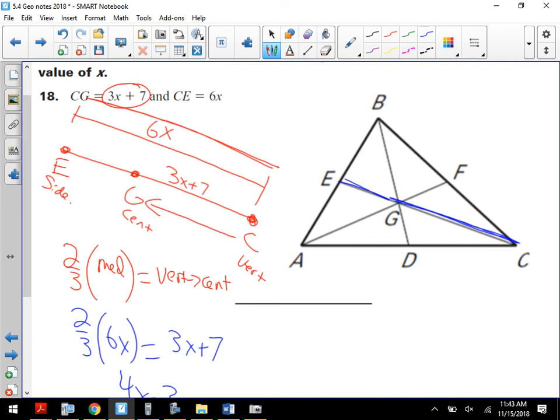Oh, you're trying to take half of this and then add it to that? It would have gotten there. Yeah, it would have been awful, but it would have worked. Because half of 3x plus 7 would be 1.5x plus 3.5, so it'd be 4.5x plus 10.5 equals 6x.